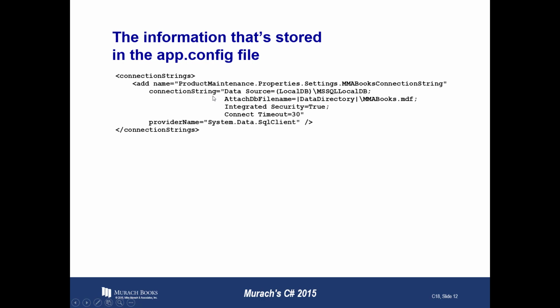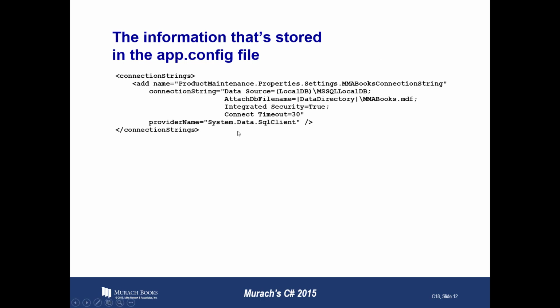Alright, so it says the connection string, it says local DB, which means that you're using your own machine, Microsoft SQL local DB. Attached DB file name, the directory should be the name of your database.mdf, which is Microsoft database format. Integrated security equals true means to add some additional Windows security, alright, that you get as a freebie, so to speak.